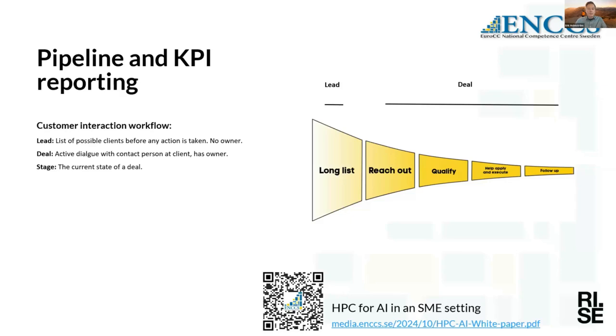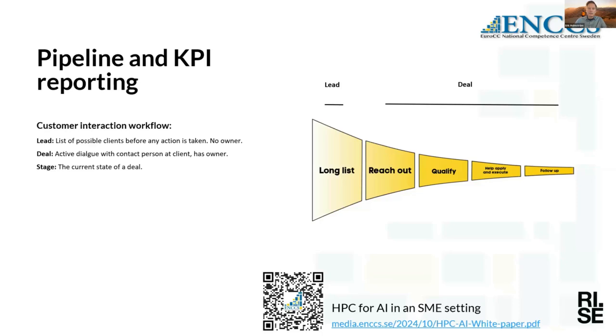But anyway, what we do is follow this funnel that you have in the image, and it consists of making a long list of leads, which is basically us finding possible clients that we may want to contact in the future and just adding them to a long list.